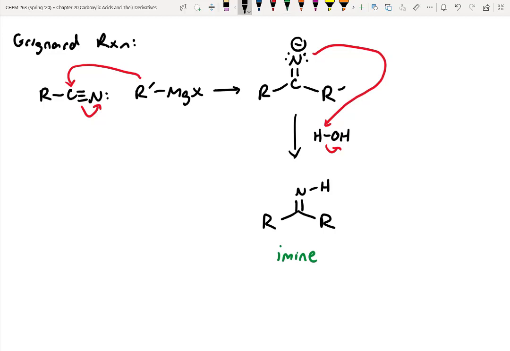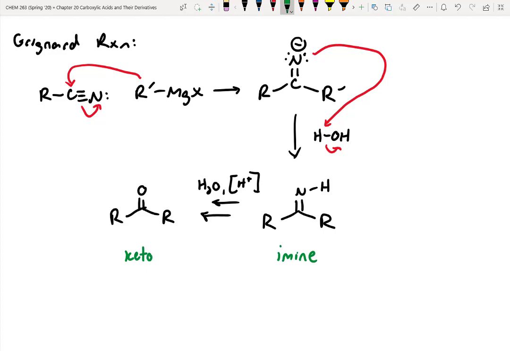So to get to our final product, all we need to do is continue this reaction with excess water and catalytic acid. And by doing that, we can interconvert our imine to our ketone, which is pretty neat.